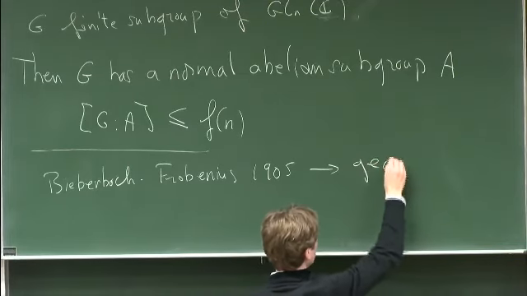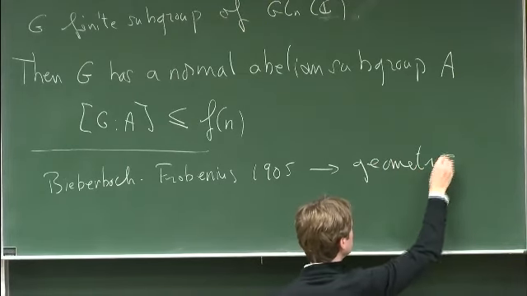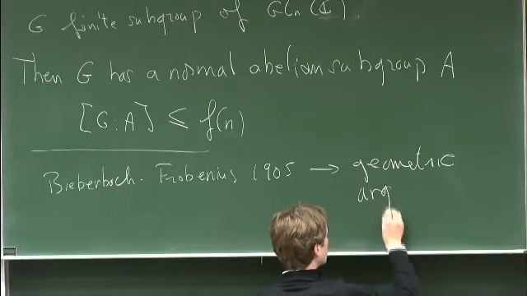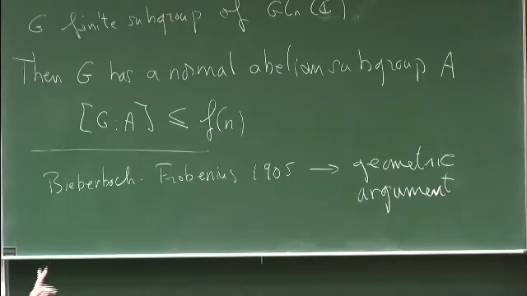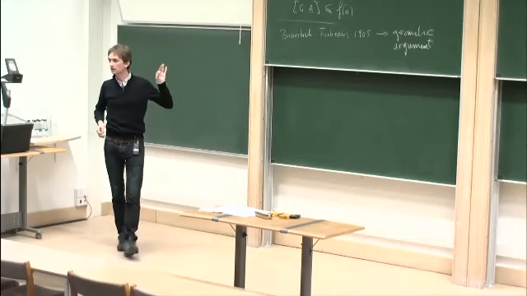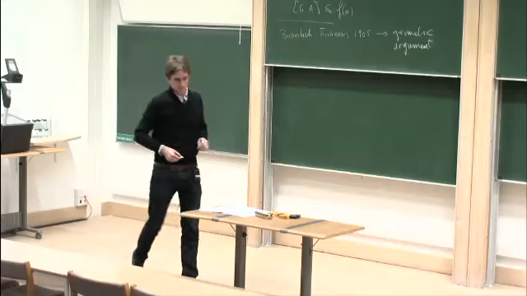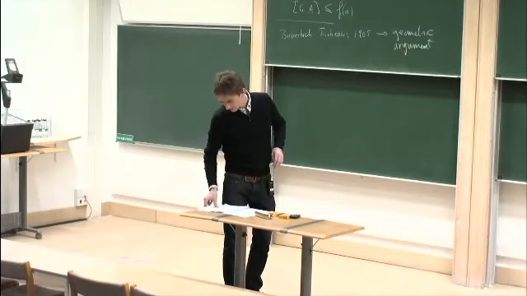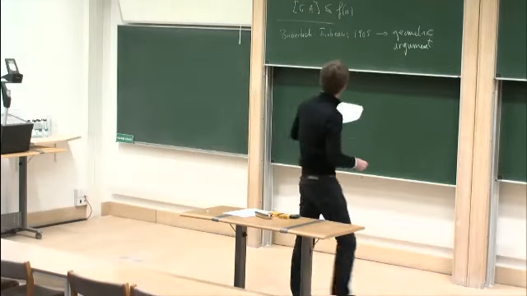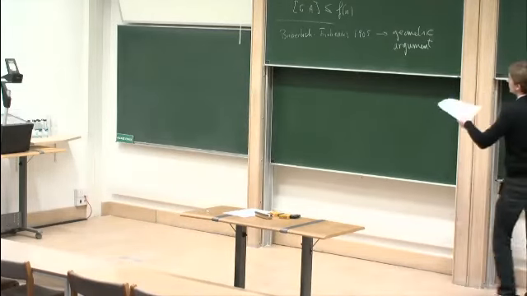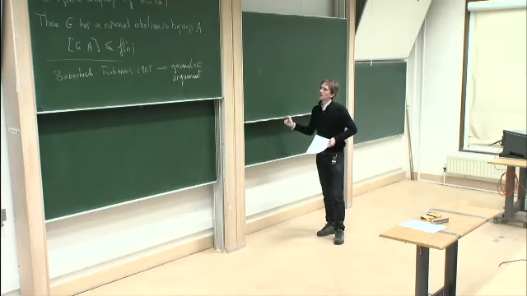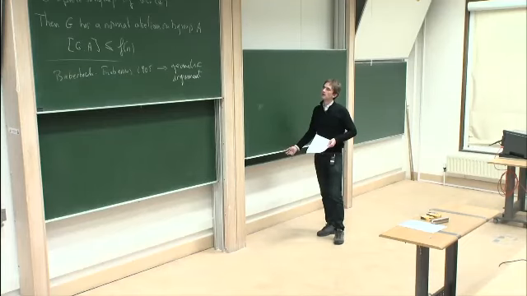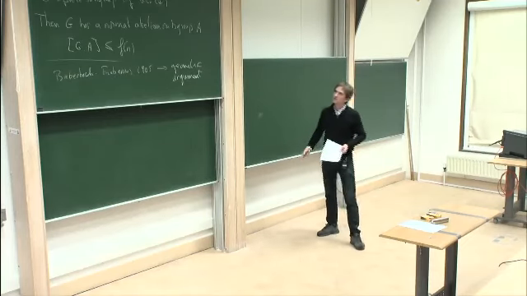I will come back to it and explain. Jordan's argument was completely algebraic. So I will start by explaining Jordan's original argument, and then I'll come back to the geometric argument. And perhaps before I do that, I'll explain why I was interested in that theorem.